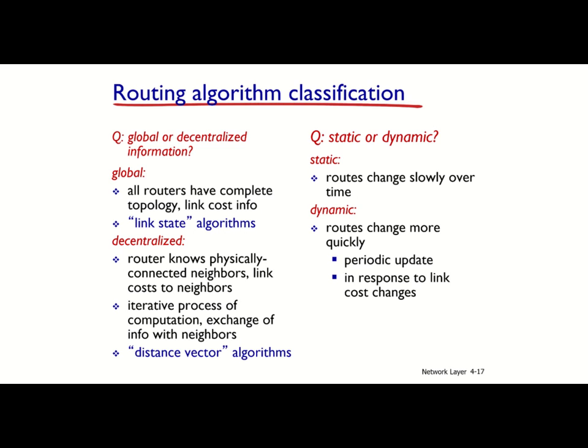Also, there is another classification of routing algorithms based on how often the network topology and the network link costs may change. In some networks, we have a static situation in which routes change slowly over time because the changes on links happen very slowly.